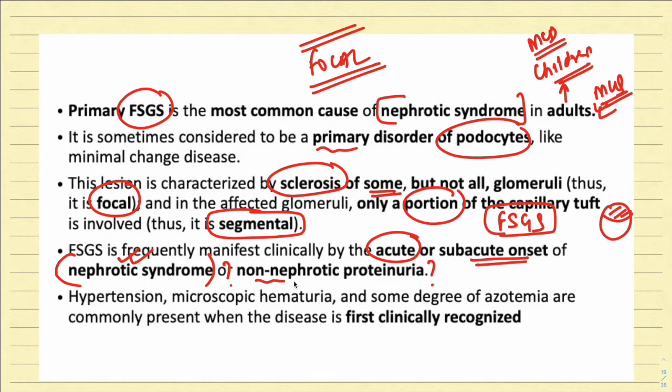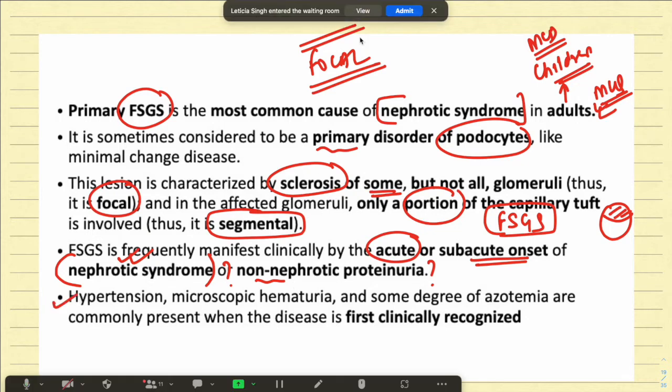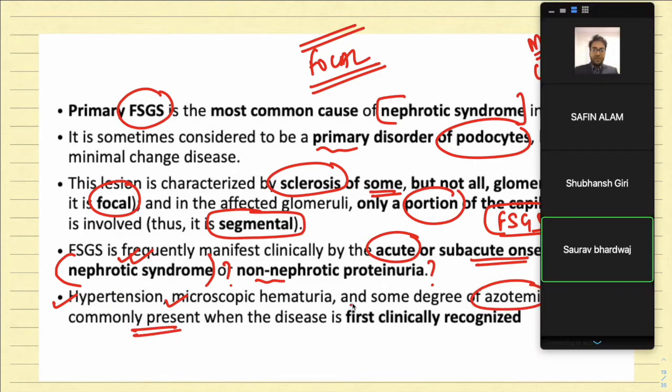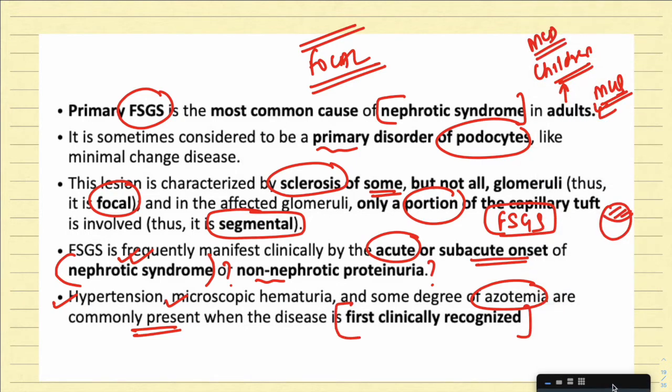Basically this is a nephrotic syndrome in adults which may or may not have nephrotic range proteinuria. Also, you see hypertension, microscopic hematuria and some degree of azotemia are commonly present when the disease is first clinically recognized. Okay, is this point very clear?